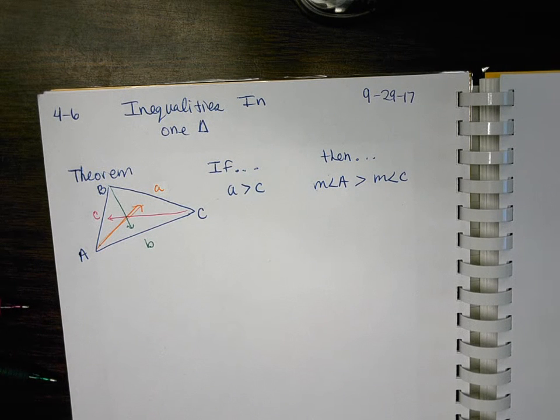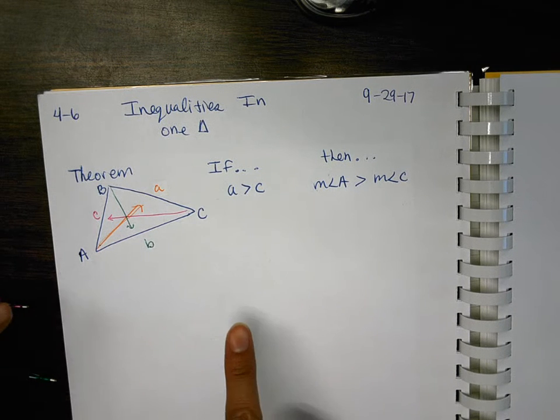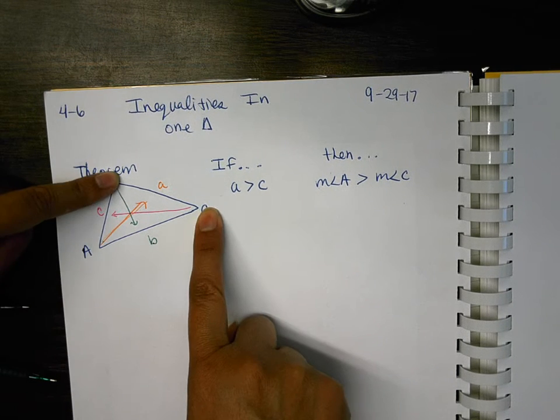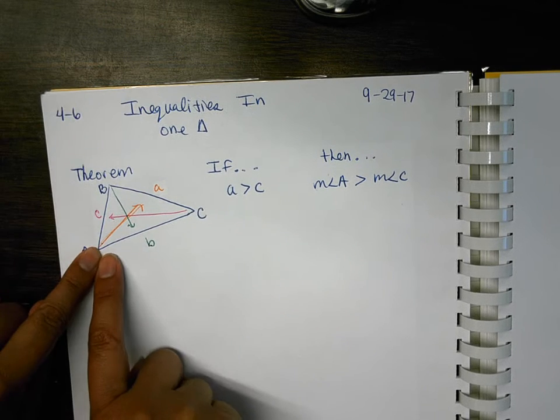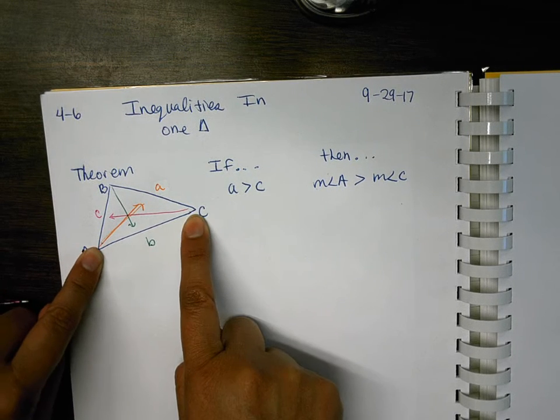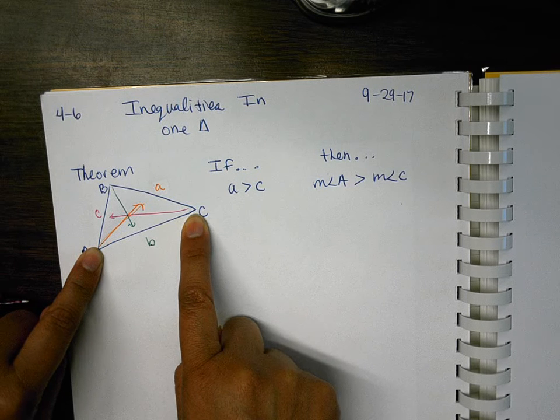Put your phones away, please. Okay, are we ready? If side A is larger than side C, then that means angle A is larger than angle C. Does that make sense?